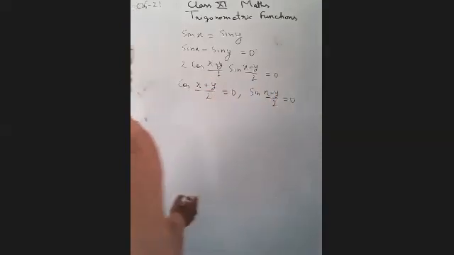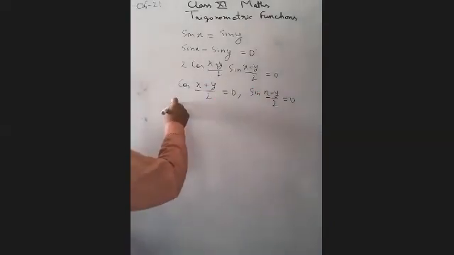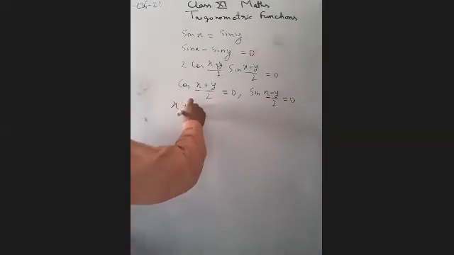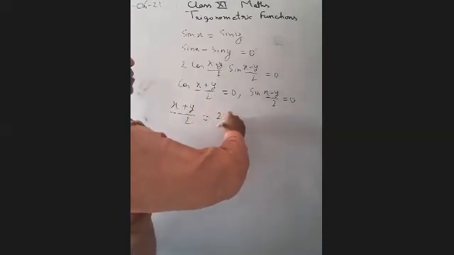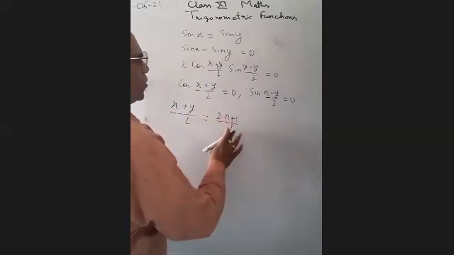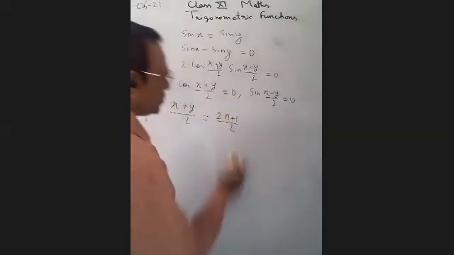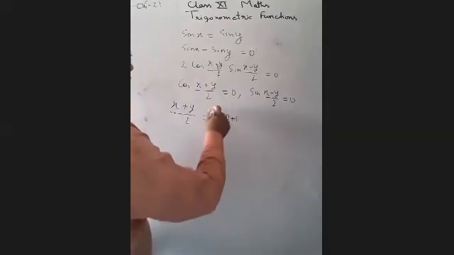If cos x is equal to 0, we have proved just now that the general solution will be x is equal to an odd multiple of pi by 2. So (x plus y) upon 2 is (2n plus 1) pi by 2.